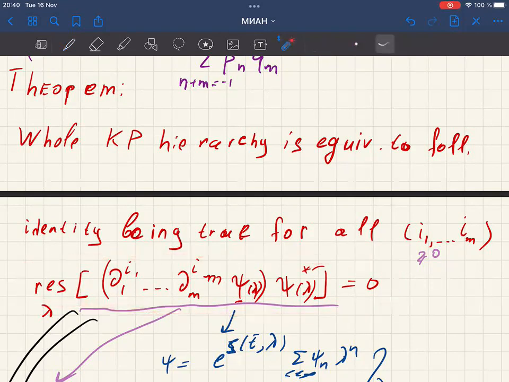And if some psi satisfy all these equations, they should be a Baker-Akhiezer function. I didn't say that they exist as a power series, but we know that KP had solutions such as soliton solutions. Such what? Soliton solutions, yes.